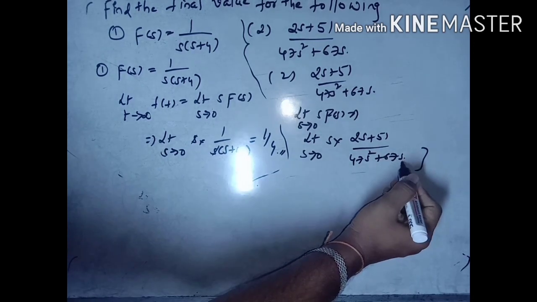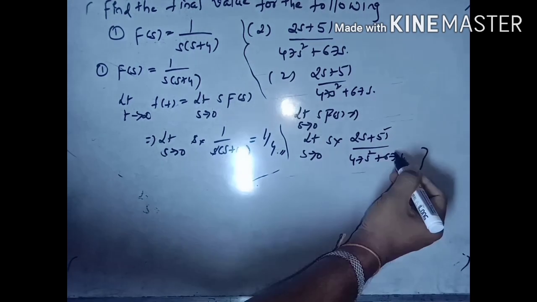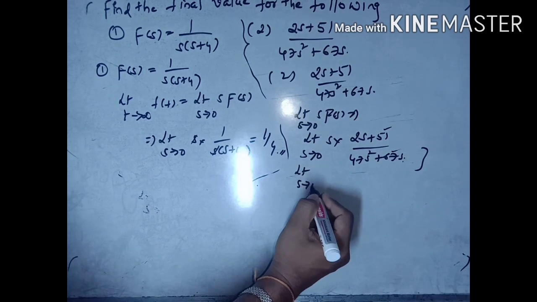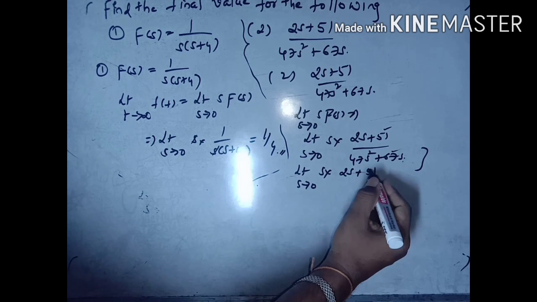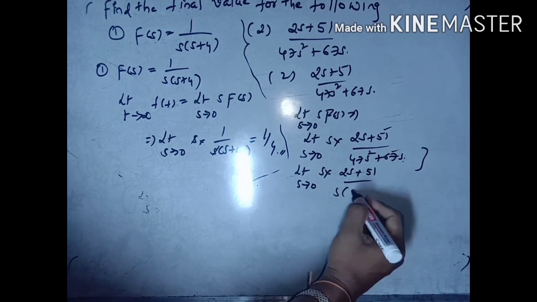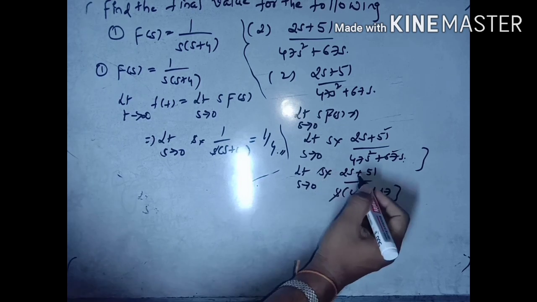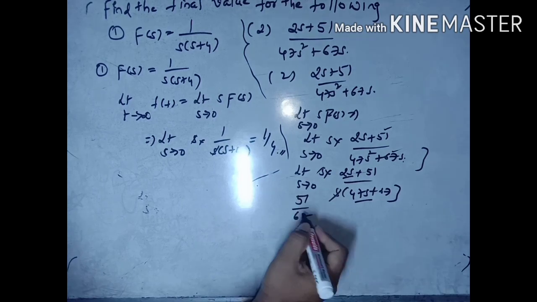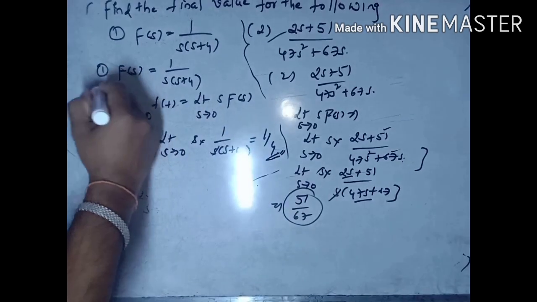In the denominator there is s and s square, so if we take s common from this, we get limit s tends to 0 s into 2s plus 51 by s into 47s plus 67. The s gets cancelled, s tends to 0, and we will get 51 by 67. So this is the final value for this problem.